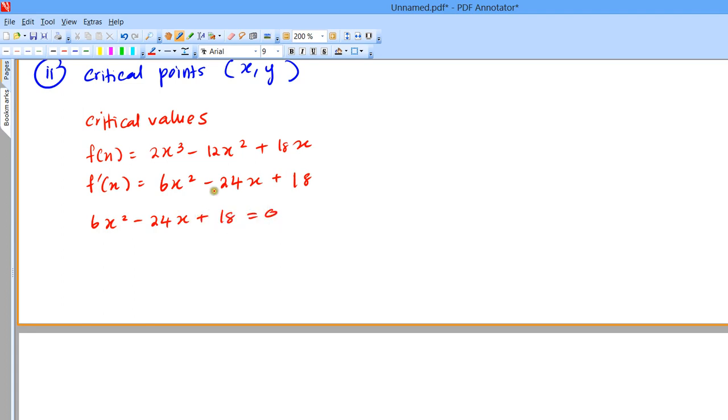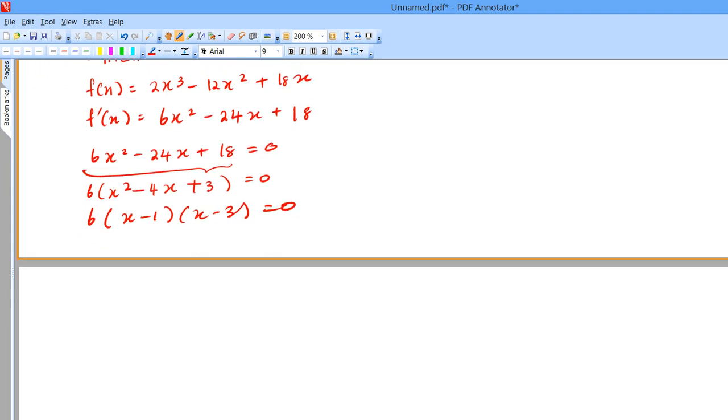And now you need to factor out left hand side. So we can factor out constant 6 times (x squared minus 4x plus 3) equal to 0, or 6 times (x minus 1) times (x minus 3) equal to 0.